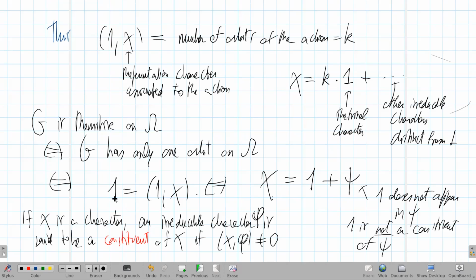You can see it because when you take the inner product of chi with 1 it gives 1, and then the inner product of 1 with psi has to be 0. So let's write this on the next page.